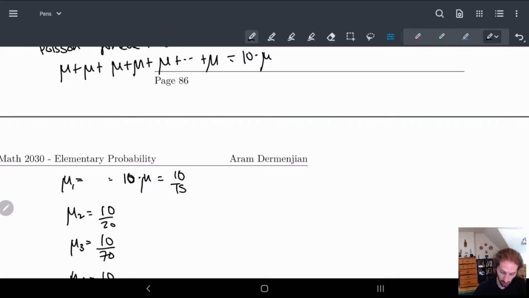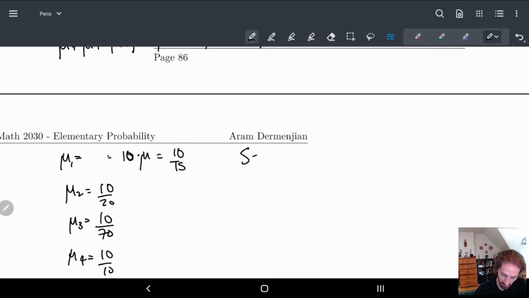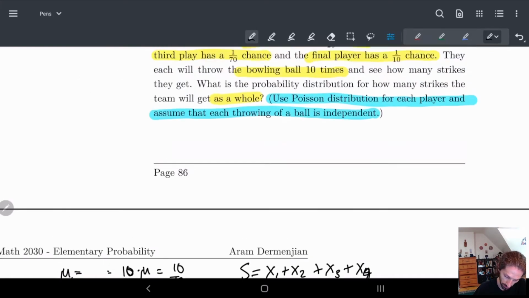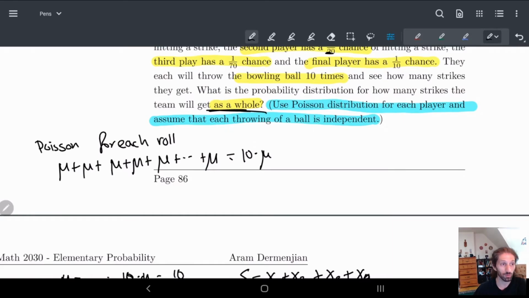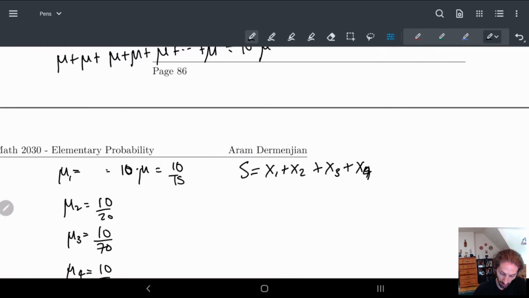And here again, we can just look at the sum. So if I look at S equal to x1 plus x2, and so on, this is really what we're asking here. What is the sum of all 4 players together, right? As a whole, we want all of them together. That means my mu, I can just sum up: mu1 plus mu2 plus mu3 plus mu4. And these we already have on the side.